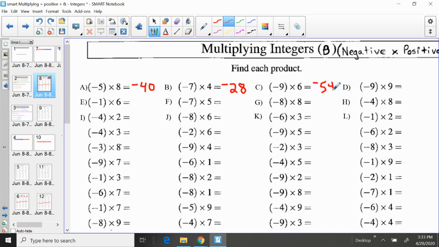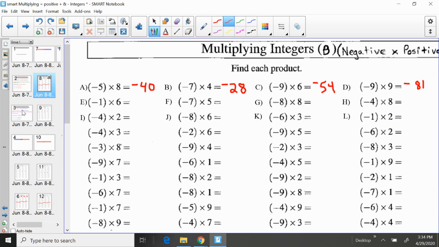So my answer, negative 54. And problem D, I'm going to pause after problem D. Negative times positive. Negative 9 times positive 9. That's a negative answer. 9 times 9, 81. So my answer, negative 81.